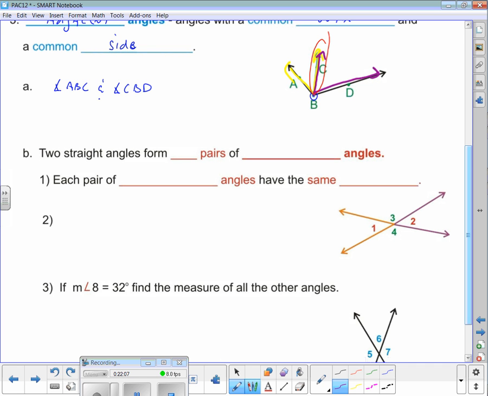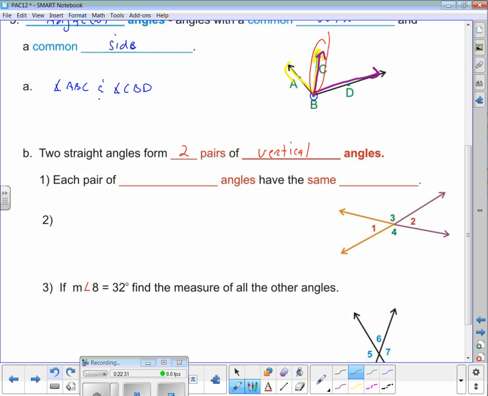B. Two straight angles form two pairs of vertical angles. Vertical angles. Vertical. I don't know, I got an extra letter in there. Vertical angles.